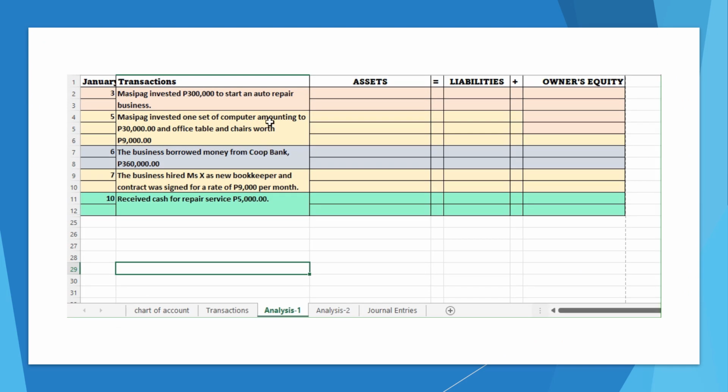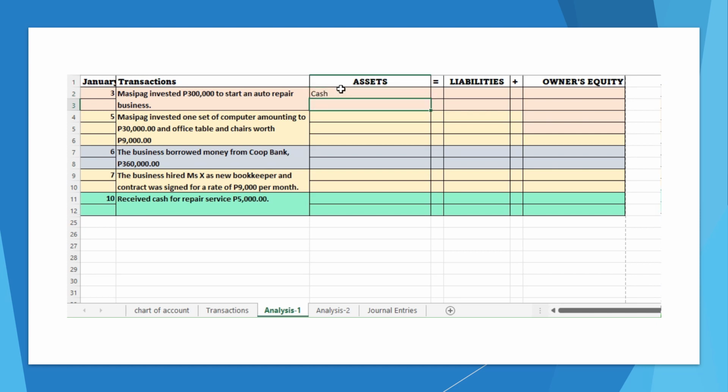Let us analyze these transactions using the accounting equation, assets equals liabilities plus owner's equity. For the transaction that occurred on January 3, Masipag invested 300,000 pesos to start an auto repair business. We are going to determine the assets. So we can use the cash.